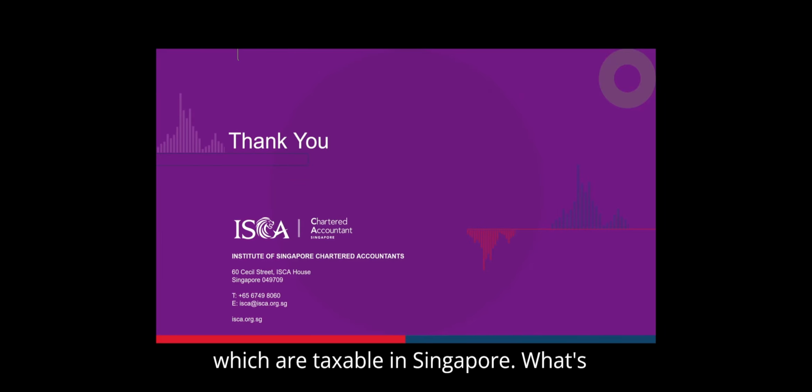We further moved on to talk about the reliefs available to both resident and non-resident individuals in Singapore. And last but not least, we examined and understood the format of the individual tax computation.